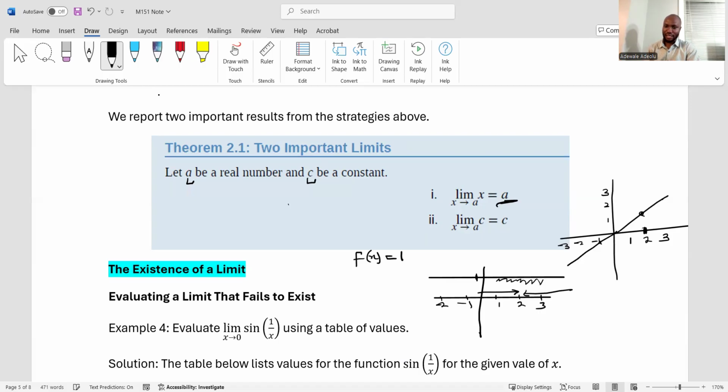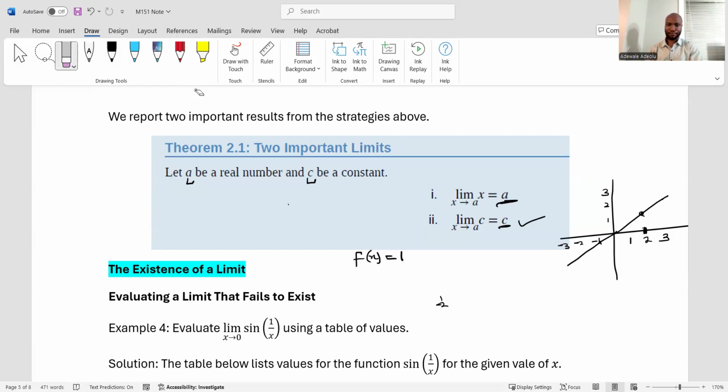It is 1. As x tries to get to -1 from this side, and from this side, the y value stays the same. It is 1. So that is why we say the limit of a constant function as x goes to a particular number will give you that constant value. So please keep these two because we'll make reference to these two concepts as we continue.